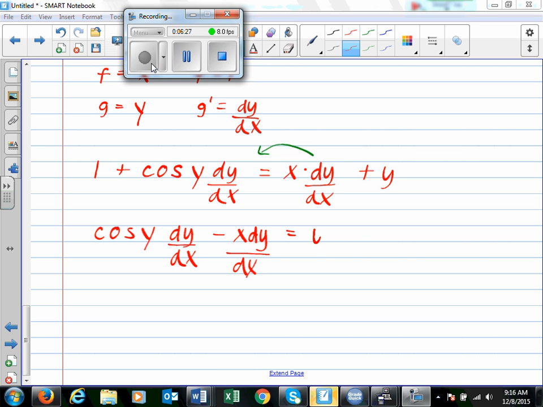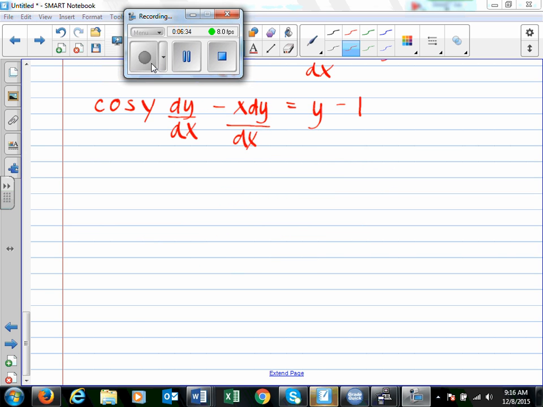And now we factor out the dy over dx, to get, plus cosine y equals y minus 1.